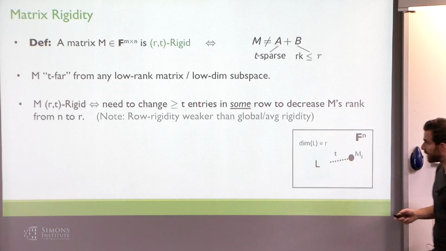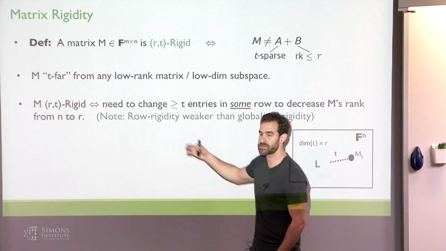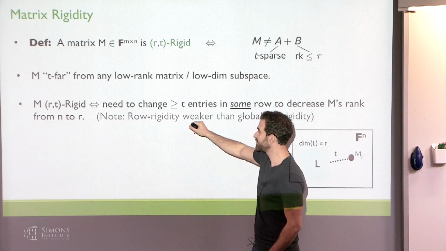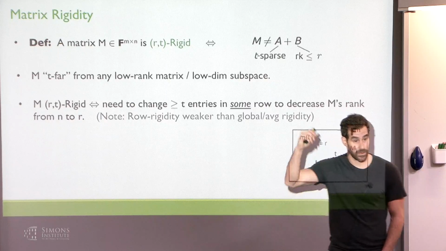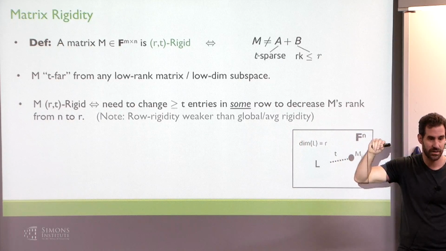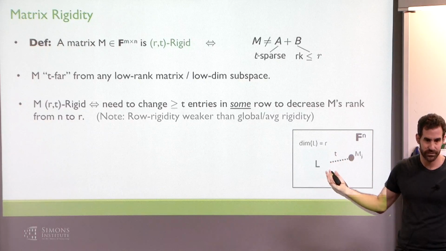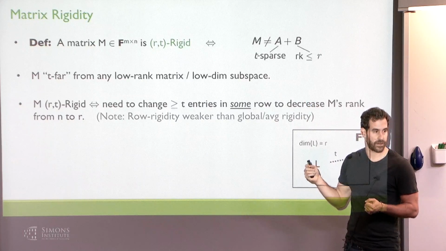And I do want to stress, what does it mean for a matrix to be R-T rigid? Yet another way to view it is that you need to modify T entries in some row of the matrix in order to decrease the rank from what it originally was, which was N without loss of generality, to R. All right?